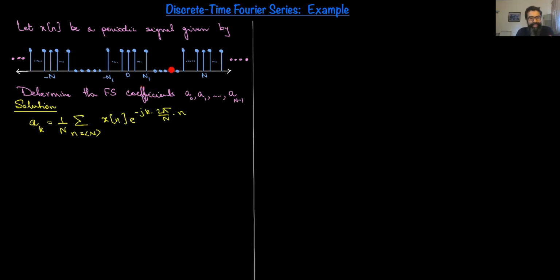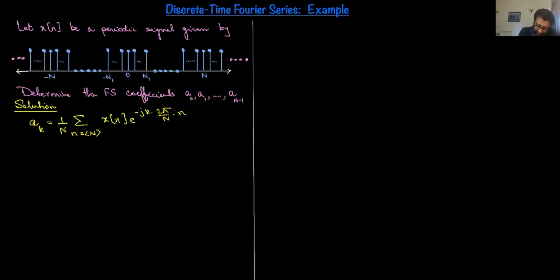In other words, from minus N by 2 to plus N by 2, assuming N is even. If it's odd, it would be just one sample shifted. Nevertheless, if I sum from minus half of the period to plus half of the period, I see that the signal is 0 for all of the indices except from minus N1 to plus N1.